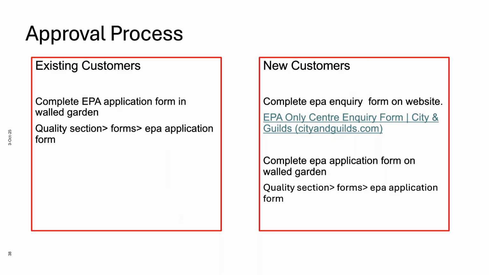So for those of you that are existing customers, you will need to go into your walled garden, whether yourself has access or it's a quality member or your head of department, into that quality section on EPA Pro, and you will then click onto the form section, and then there'll be a drop down menu on the screen, and you can select EPA application form.